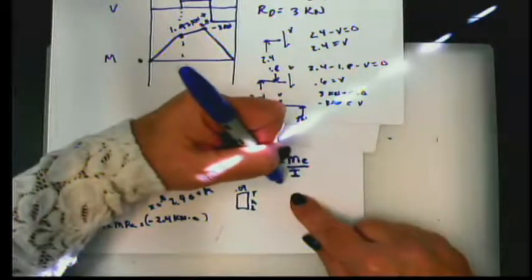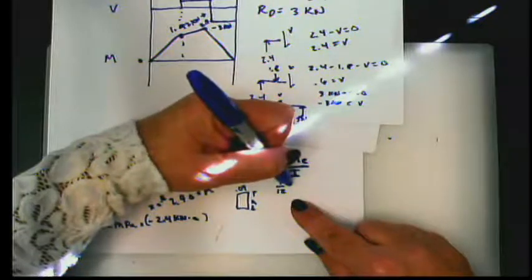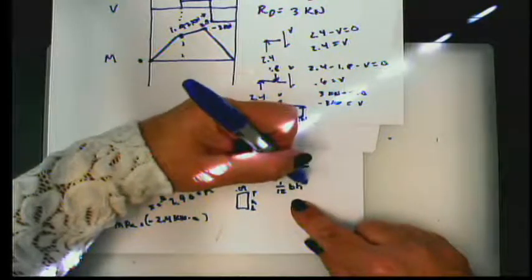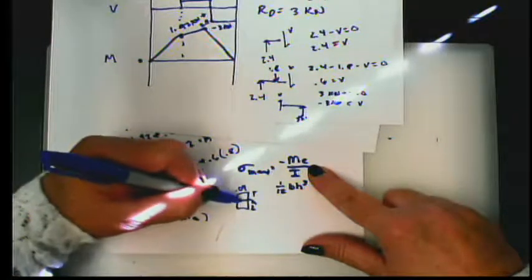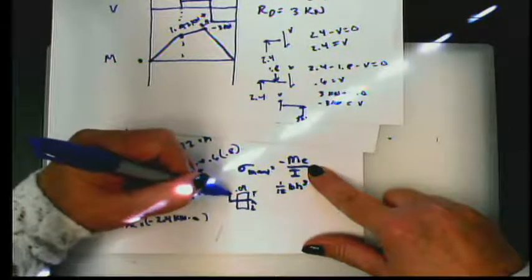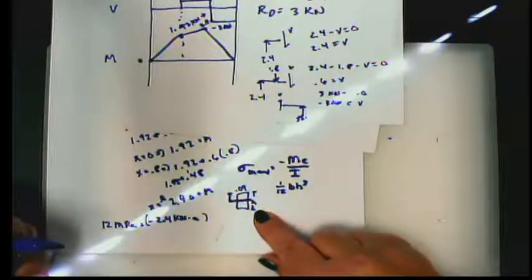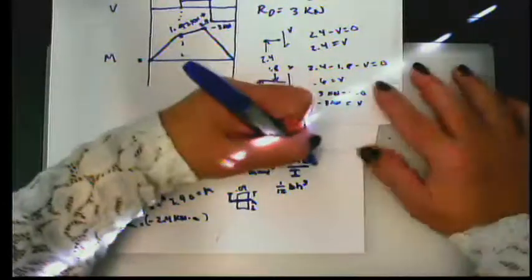Okay, let's think about c over I. For a rectangle, I is 1/12 base times the height to the third. c is half of the height, isn't it, for a rectangle? So we can simplify this just a little bit.